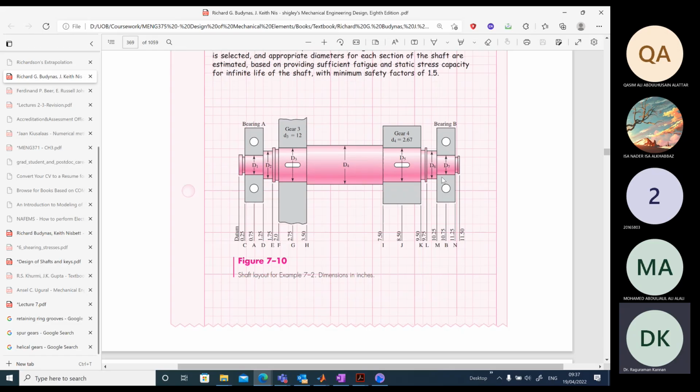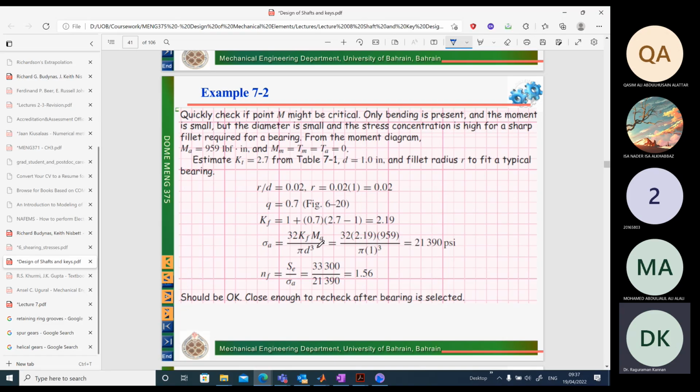So we have the retaining ring groove, and we want to check whether in the shoulder we have very high fatigue factor of safety or lower fatigue factor of safety. Again, we can see at point M the torques are 0, so we can neglect torque and we will consider only the bending moment load. And the mean stress of a mean bending moment load is also 0, only we have the amplitude of stress.